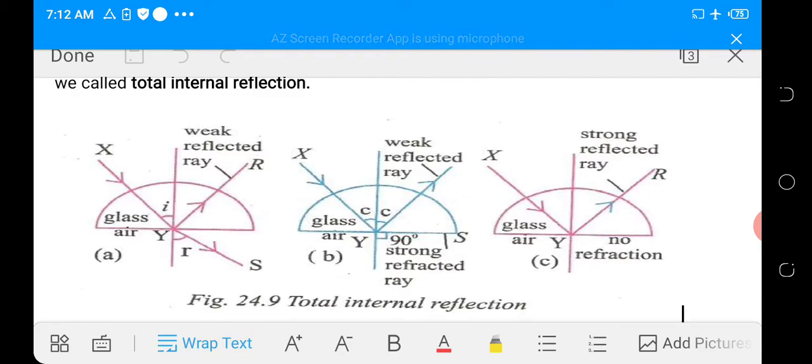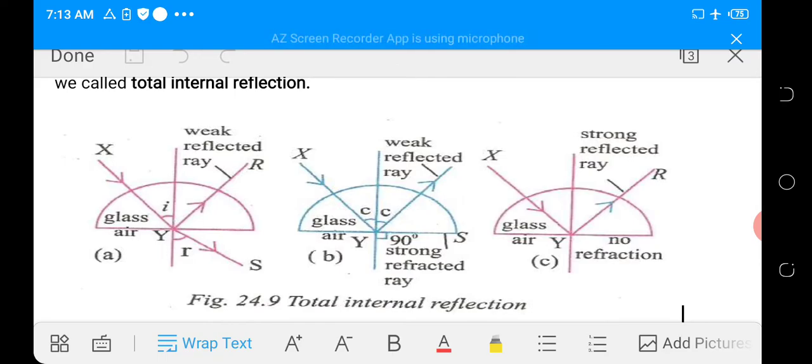Then the angle of refraction in the less dense medium will now be 90 degrees. Still, there will be a strong refracted ray and a weak reflected ray. Therefore, critical angle can be defined as the angle of incidence in the denser medium, that is the glass, when the angle of refraction in the less dense medium, that is the air, is equal to 90 degrees as shown in the diagram.